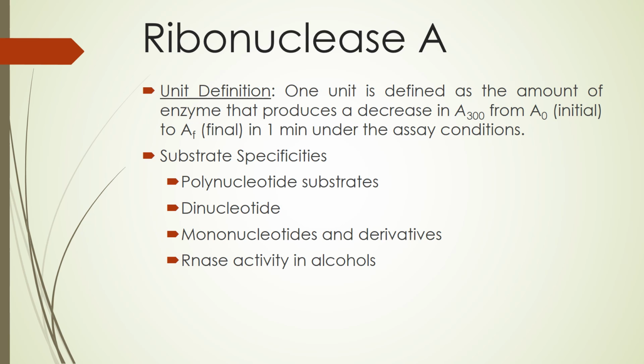The substrates suitable for this enzyme are polynucleotide substrates, natural or synthetic single-strand RNA being the preferred substrate. In dinucleotide substrates, the second base can be replaced by a wide variety of bases such as deoxynucleotide, modified ribonucleotide, and nucleotides with attached alkyl groups.